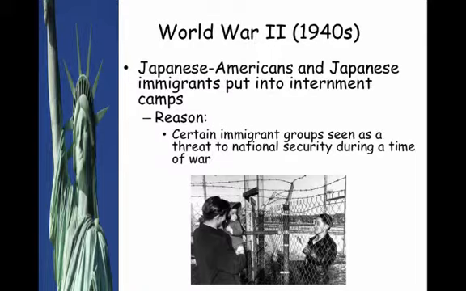Now, the Italians and the Germans faced some discriminatory measures, but the Japanese really bore the brunt of it. And many people argue it's because they're a different race of people. It's easy to spot someone who's Japanese, not so much an Italian or a German. They tended to blend in a little more easily. So the Japanese definitely faced some discrimination during World War II.